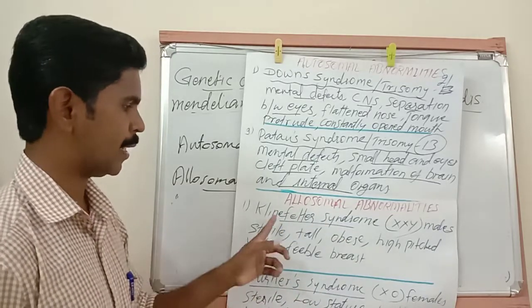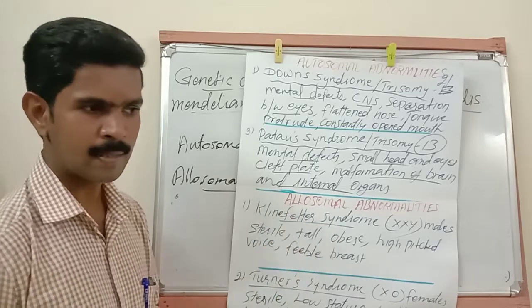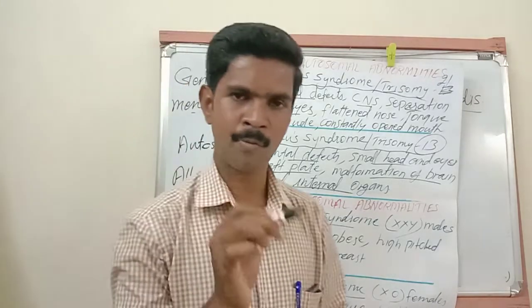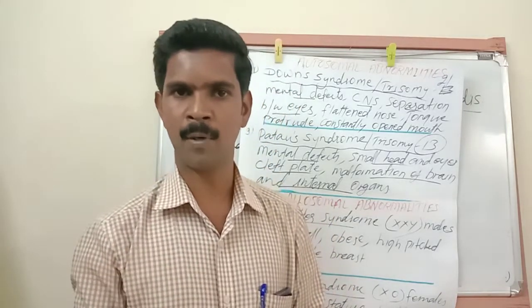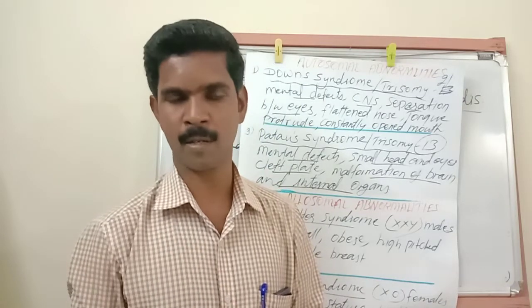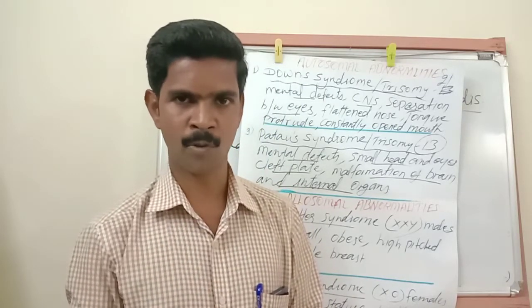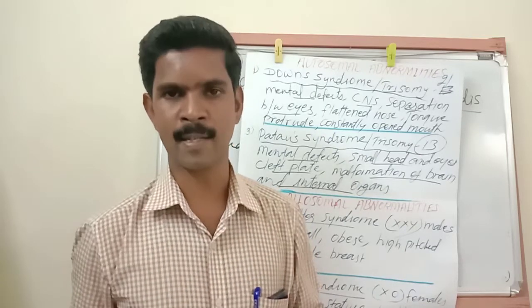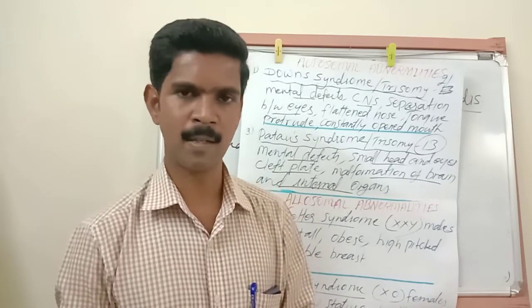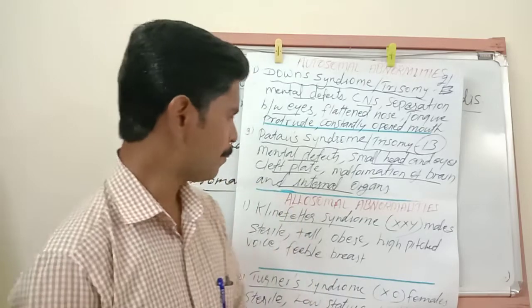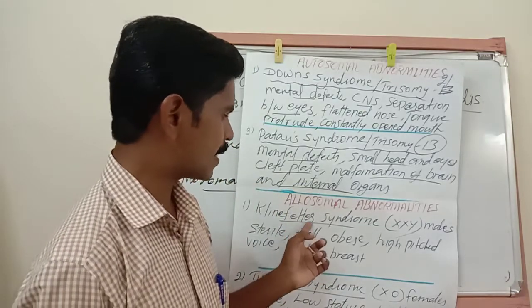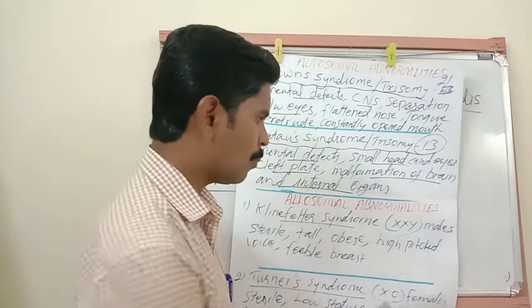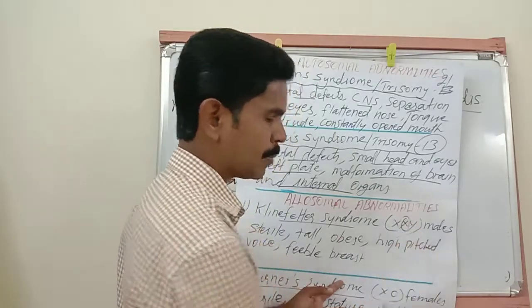See, normally you all know 44 autosomes are present in the male body and 2 sex chromosomes, one X chromosome and one Y chromosome. So 44 plus 2, 46. Totally 46 chromosomes are present in the male body cells. Here, if anyone is affected by Klinefelter syndrome, one more additional X chromosome is there.